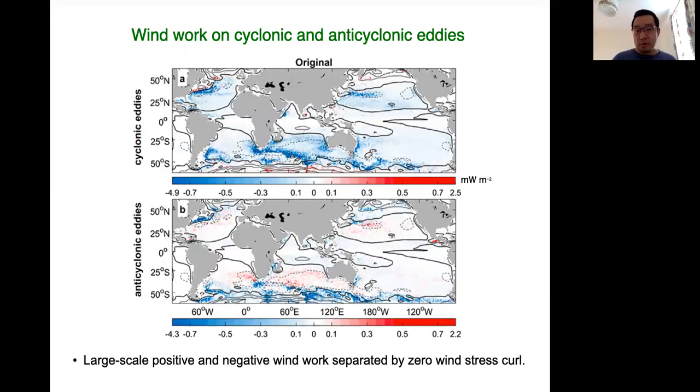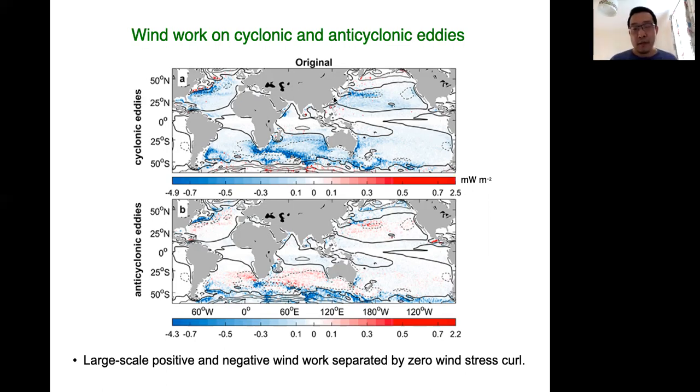The way we estimate wind work on eddies is by identifying eddies from altimetry data, so we know which are cyclonic eddies and which are anticyclonic eddies. Then we can estimate wind work on cyclonic and anticyclonic eddies separately. This again uses the original scatterometer wind stress. The upper panel shows wind work on cyclonic eddies, and the lower panel shows wind work on anticyclonic eddies.